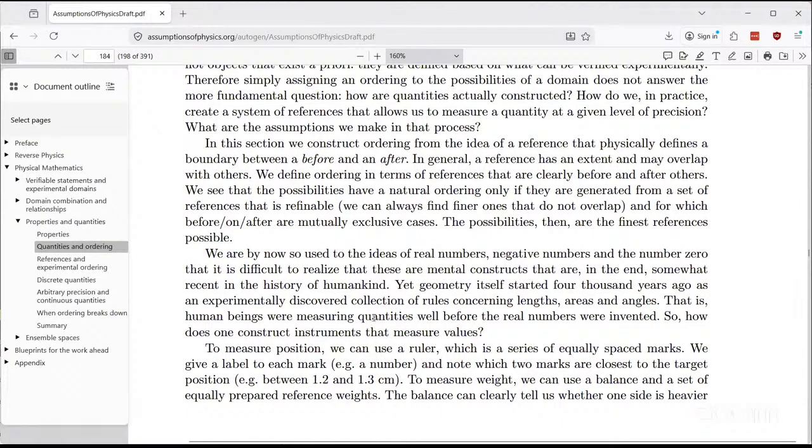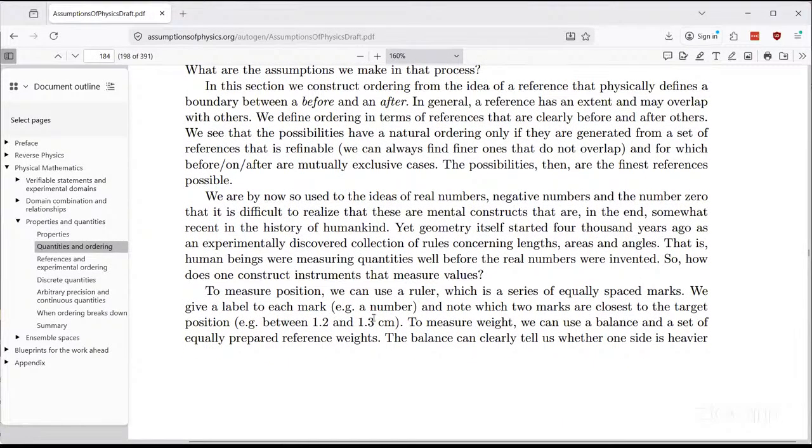In general, a reference has an extent and may overlap with others. We define ordering in terms of references that are clearly before and after others. We see that the possibilities have a natural ordering only if they are generated from a set of references that is refinable. We can always find finer ones that do not overlap, and for which before and after are mutually exclusive cases. The possibilities then are the finest references possible.